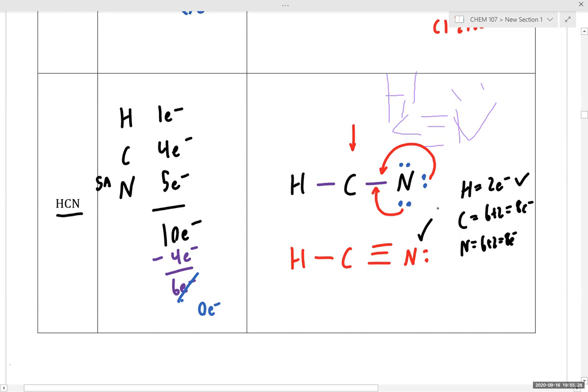So when I'm introducing this topic, I try to draw my structures to lead into and show the shape. But for right now, in terms of the connectivity and the arrangement of the atoms, lone pairs and bonds, your structure is perfectly fine. There's no problems with it. Okay, thank you.